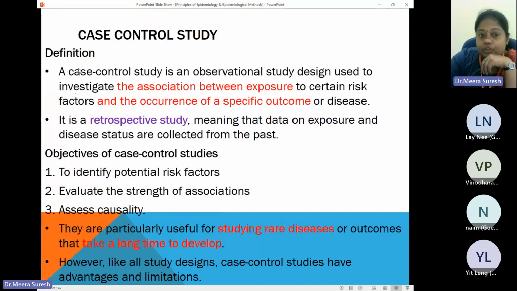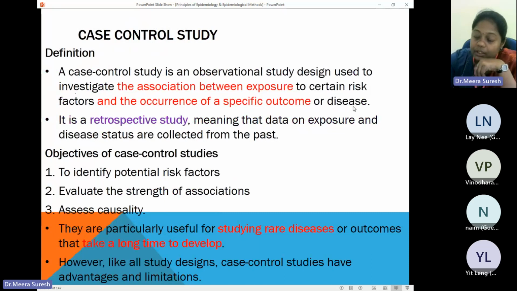Starting with the case control study, it is an observational study design used to investigate the association between exposure and the occurrence of a specific outcome or disease. Here we study whether some exposure is associated with some outcome.